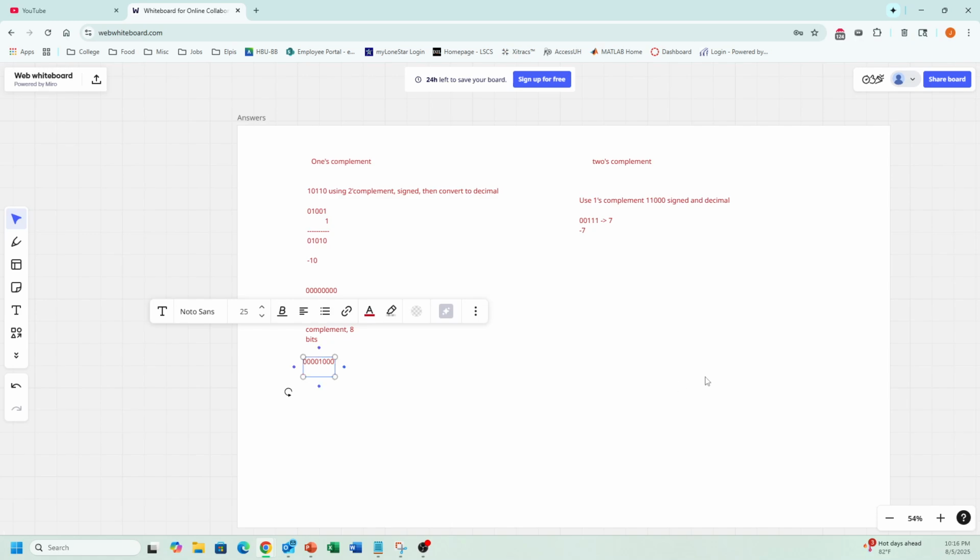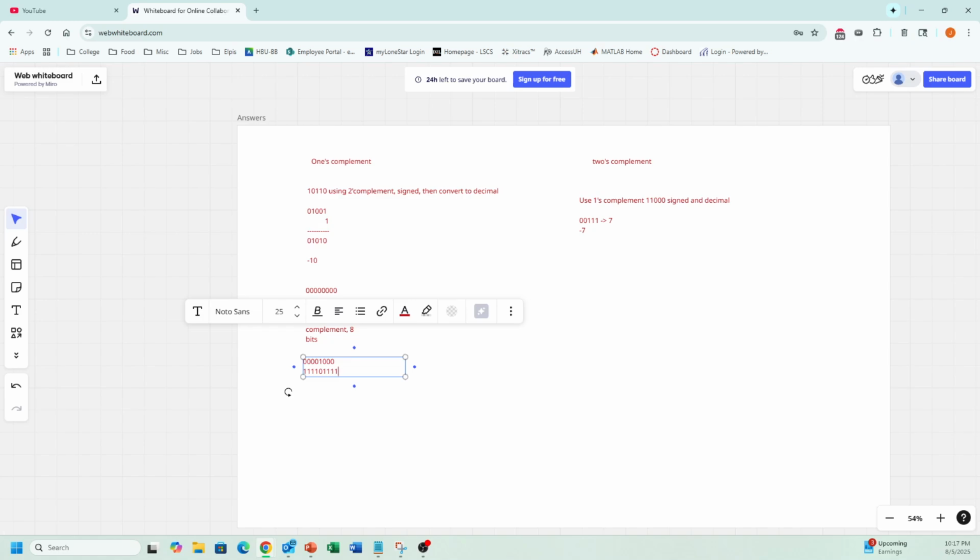Since I want the 1's complement of it, I invert the numbers. It's going to be 1, 1, 1, 1, 0, 1, 1, 1. So that's negative 8 in 1's complement in 8 bits.